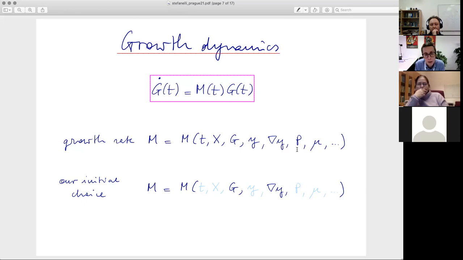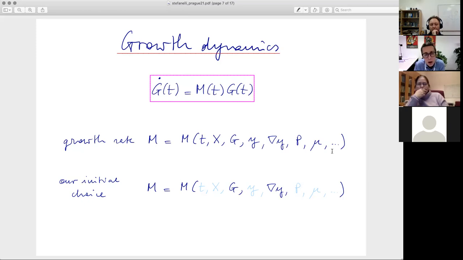But examples are everywhere about this, about the dependence of the growth rate on stress. And it can depend on many other things. So here, for instance, I'm putting a mu. This could be a concentration of some nutrient, or maybe if you want to think about tumors, some chemotherapeutic drug. And then also some of the other dots, because this can be coupled with other multiphysical effects.